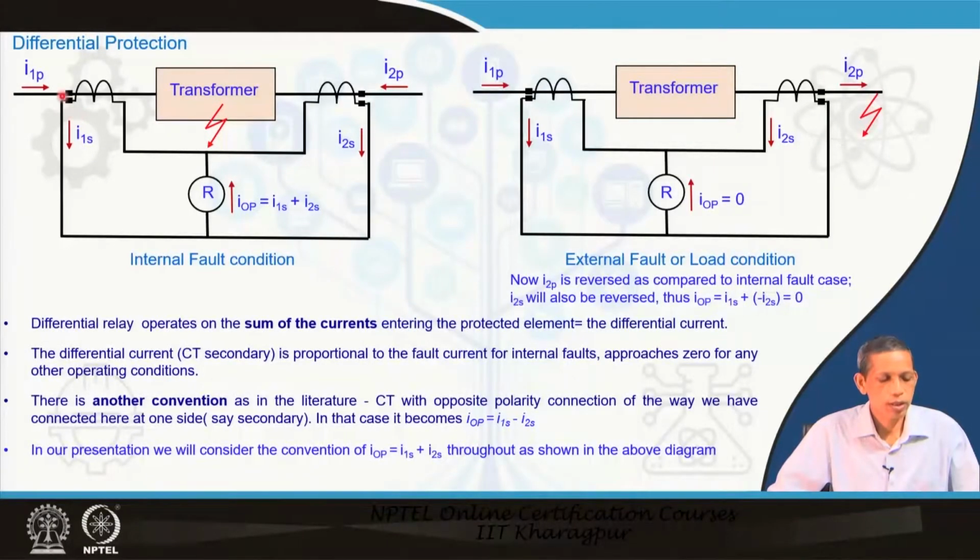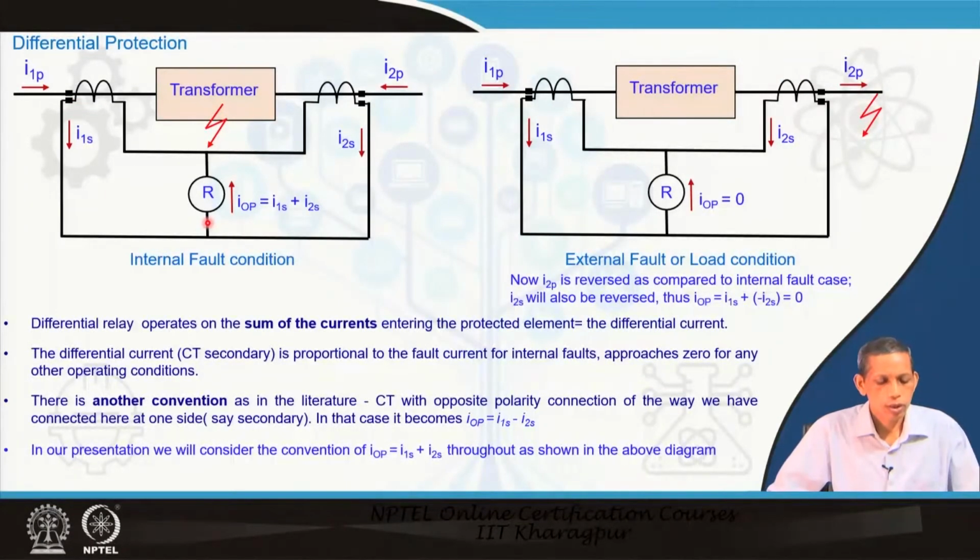Now, note how the corresponding CT is being connected; that is, the CT polarity on both these sides matters. It determines what the corresponding current through this differential branch will be. This R stands for relay. How much current will be sensed through the relay depends essentially on the polarity connections at the two ends of the transformer.